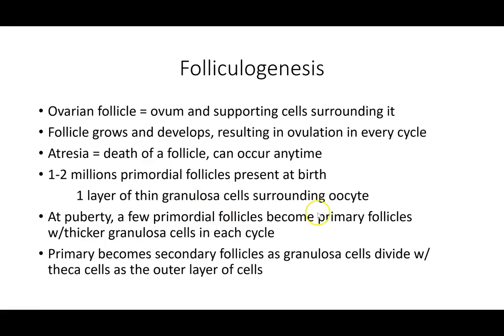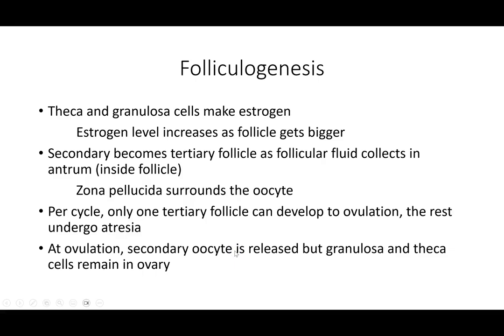Then these primary follicles will become secondary follicles as the granulosa cells divide, with something called theca cells making up this outer layer of cells. These theca and granulosa cells are going to make estrogens. So estrogen levels increase as the follicles get bigger, and then they will decrease as the follicle breaks down.